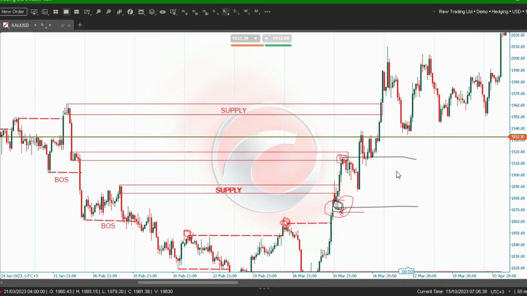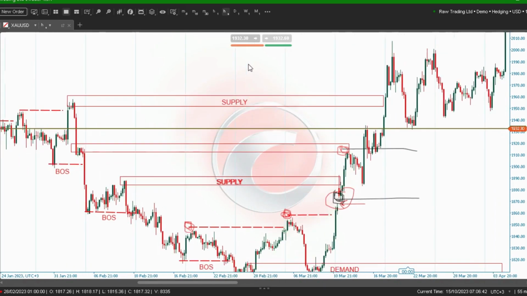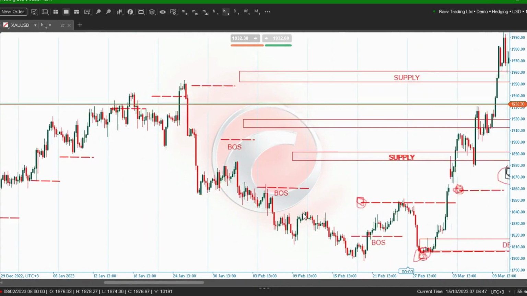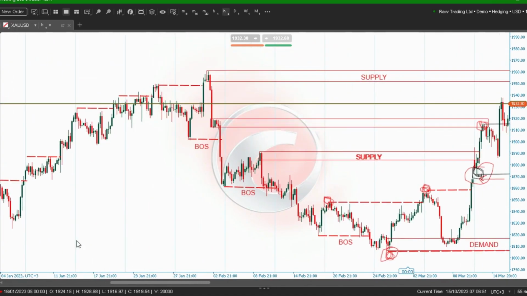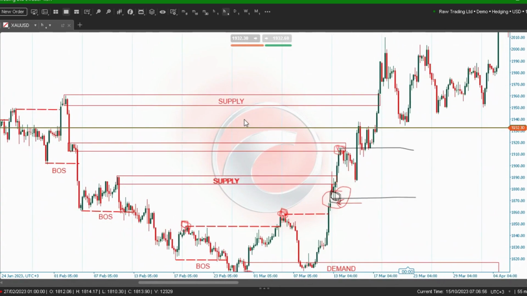Okay, now from there, let's see how this supply zone here was reacting. And mind you, this is a higher time frame supply zone, so you have to be very careful.